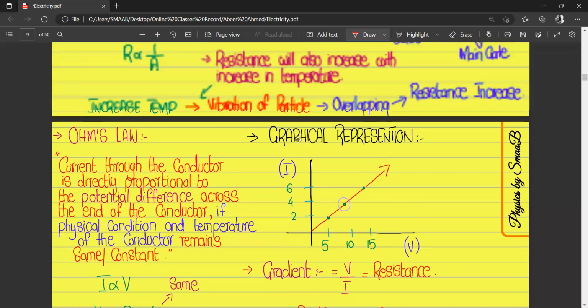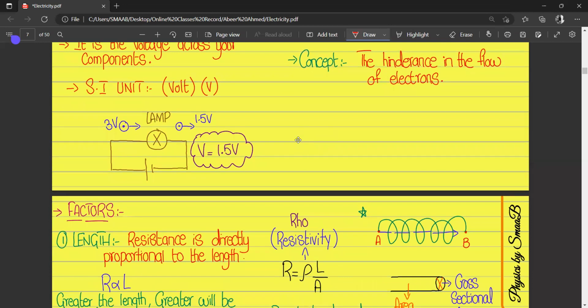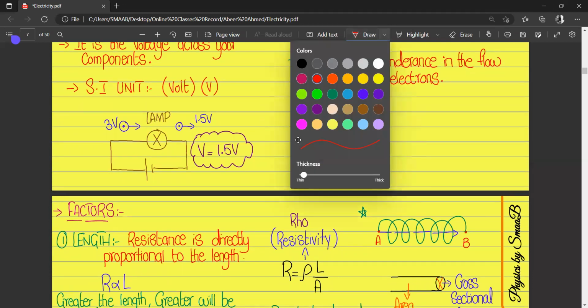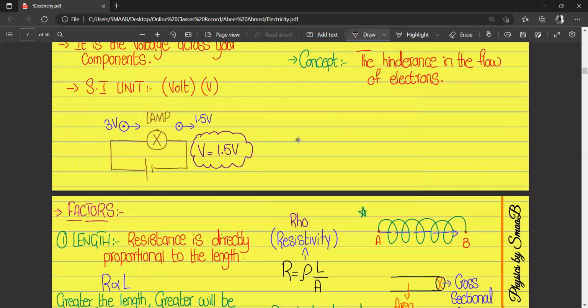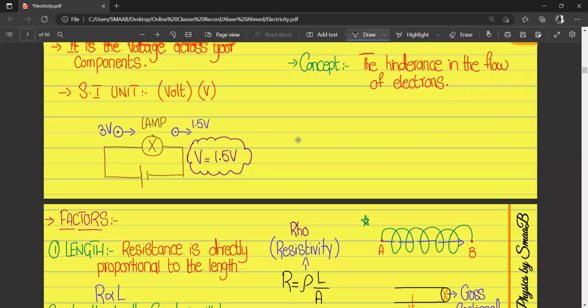And if you want to draw a symbol for, let's suppose, because in current electricity there is a specific electrical symbol for each component. So if you want to draw the electrical symbol for resistor, what will it be?